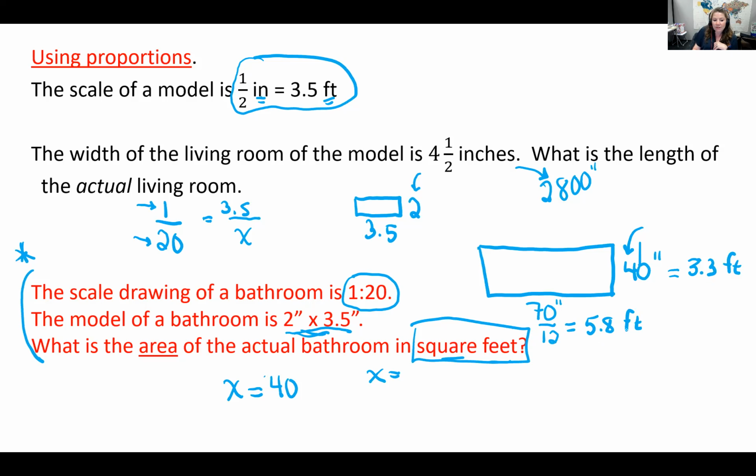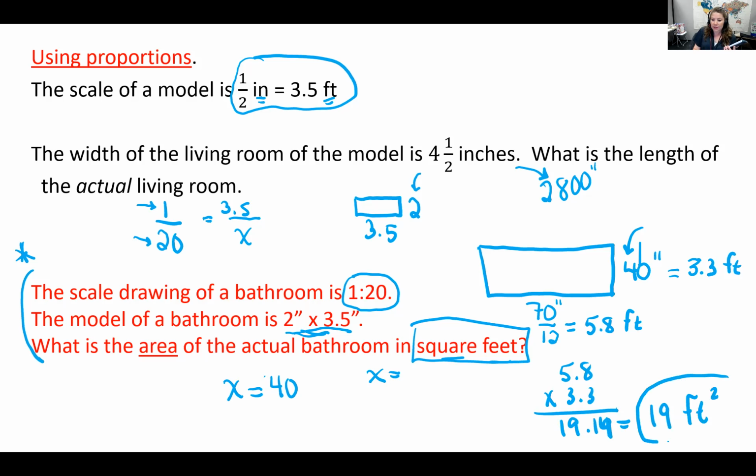And to get the area, we're going to multiply 5.8 times 3.3, and I'm doing that in my calculator. I said 5.3, I think, but 5.8 times 3.3 is 19.14. So 19.1 is just over about 19 square feet.